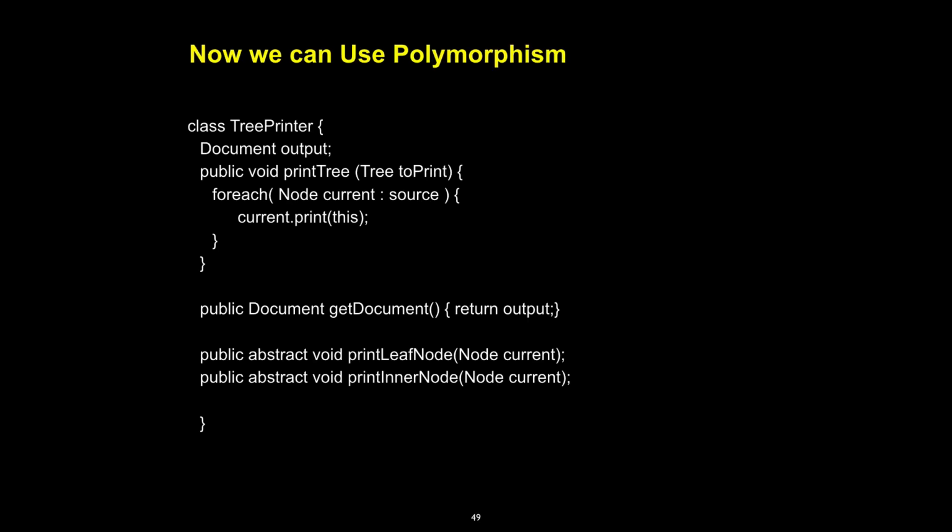So now what I do is I create the printer I want, and then I can call print tree on it and give it the tree structure, and then it iterates through all the nodes, right, and passes the printer to each node, and each node in the tree then calls print inner node or print leaf node, and then it does the right thing. Then we got the right code without any case statements.